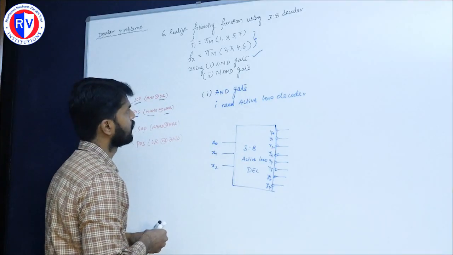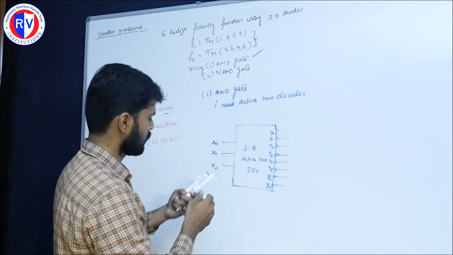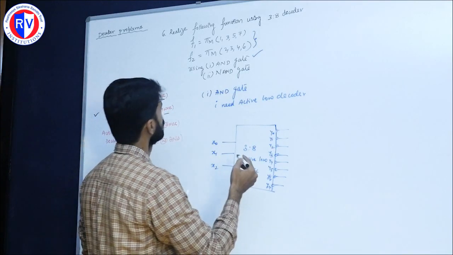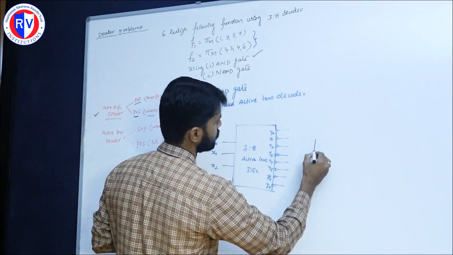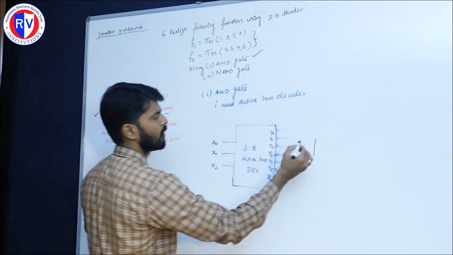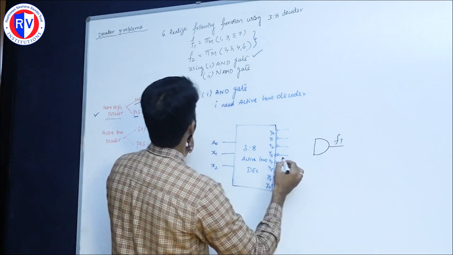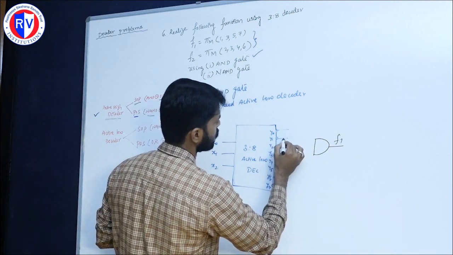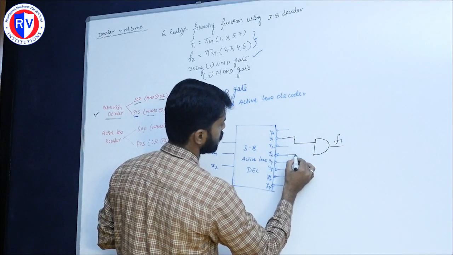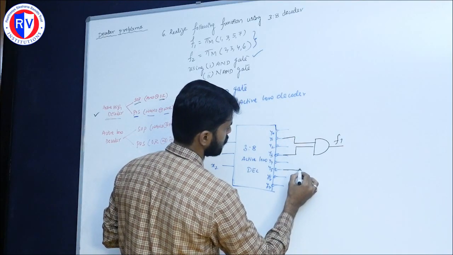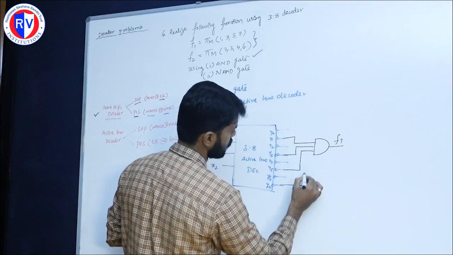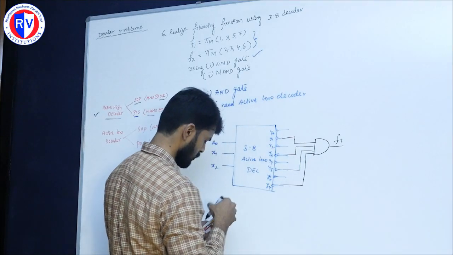Then these get connected. If I want to realize the first function using an AND gate, here I am realizing F1 using an AND gate with outputs 1, 3, 5 and 7.